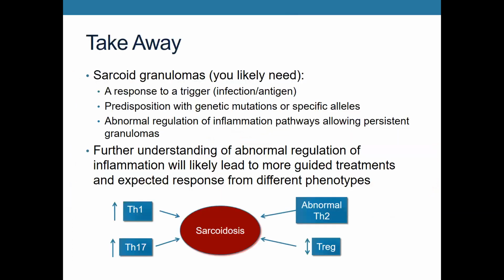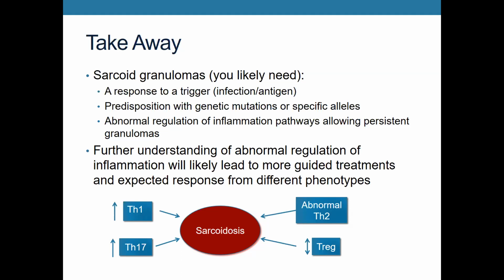So, to get the takeaway of this, with continuous sarcoid granulomas, you likely need an initial response to a trigger, such as an infection or antigen, a predisposition with a genetic mutation or specific alleles, and then all this causing abnormal regulation of the inflammatory pathways, allowing persistent granulomas, as well as persistent fibrosis.